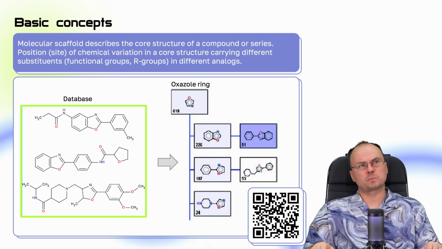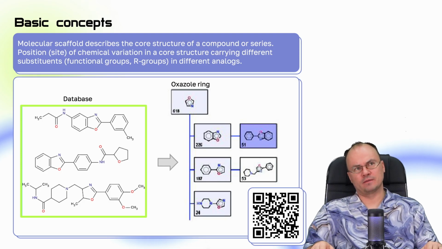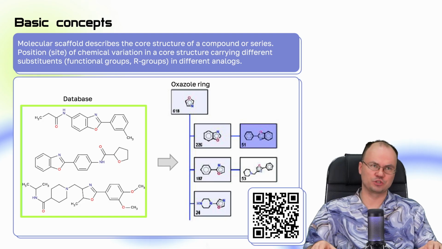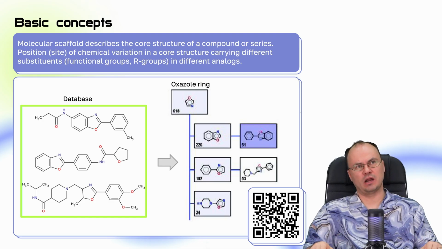And here I also would like to give you an introduction to some descriptors which represent the core of the molecules. These descriptors are called molecular scaffolds. Now, what are the molecular scaffolds?